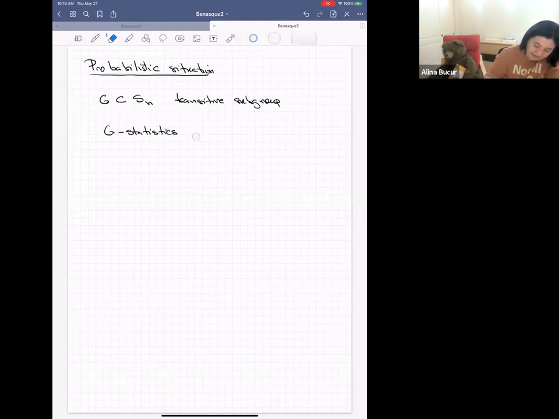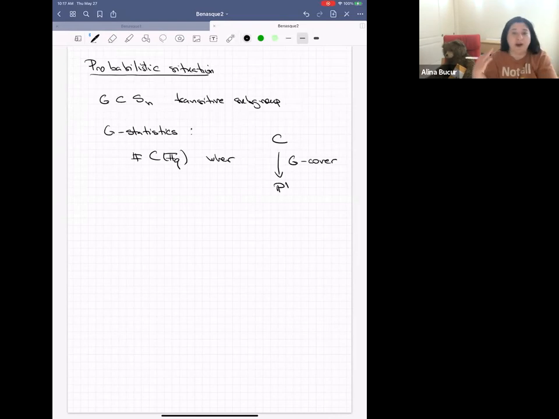By that I mean the number of points on some curve C, where C is a G-cover of P^1. So you have a cover and a fiber, and G acts on the fibers. Hyperelliptic curves are the example where G is Z/2. In general, this is the big thing that we would like to have.